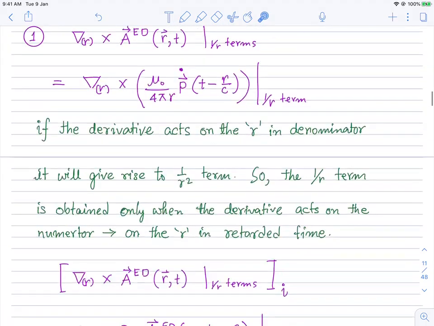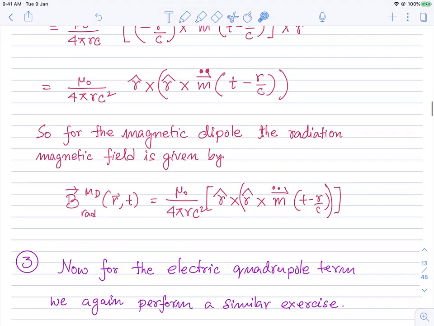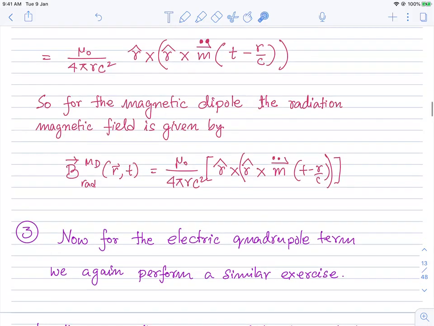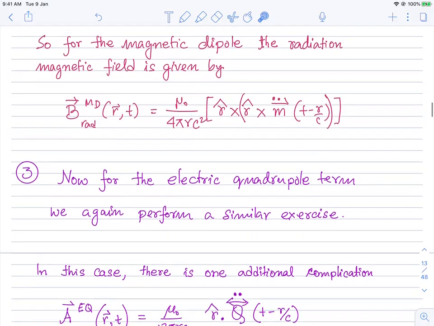So applying our technique, we will find minus r by c, r cross m double dot, with the signs taken into account. It is now a double dot because the derivative in the curl has come and hit the r here. I hope this algebra is clear. It's a very simple thing. If it is not clear, please work it out by hand. You will see that this is exactly the case. I encourage you to just practice it once.